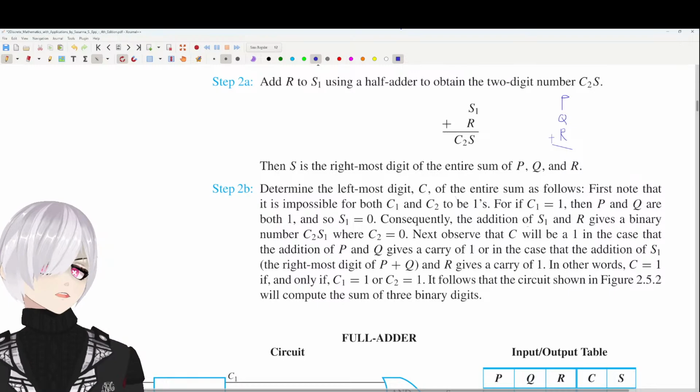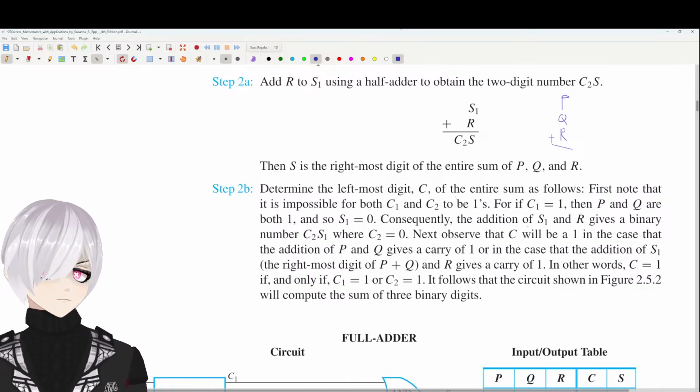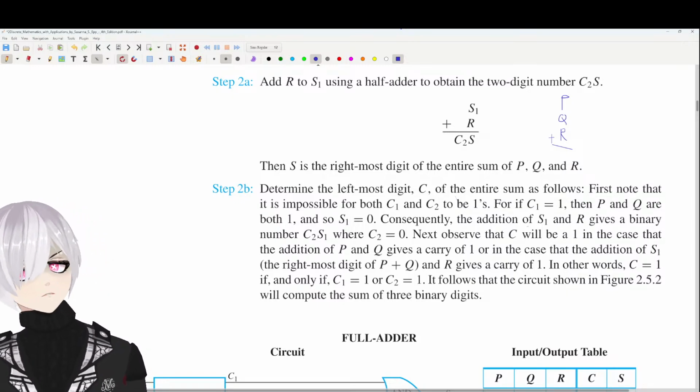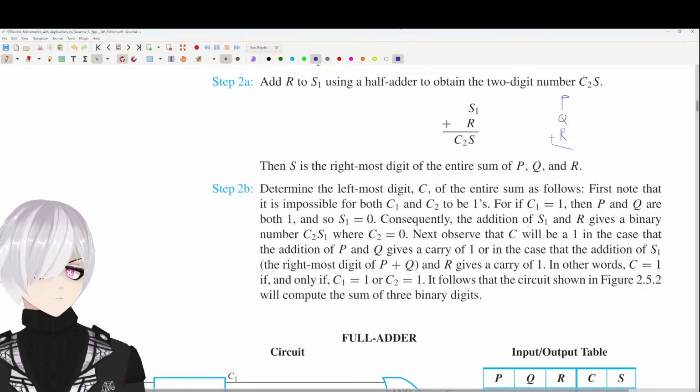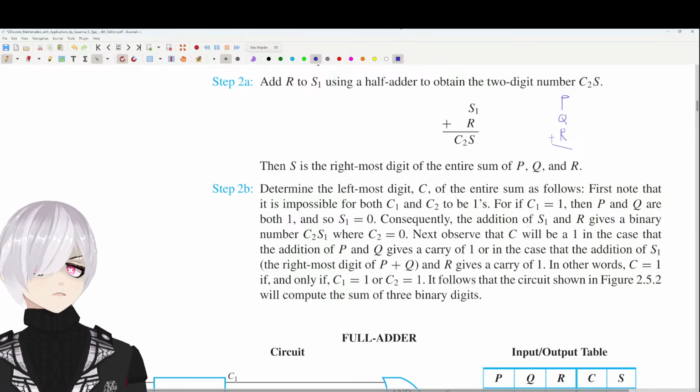I see why the carry and the sum can't both be 1. Because if the carry is 1, then both the elements being added were 1, which means the sum would be 0. So why can't C2 and C1 both be 1?